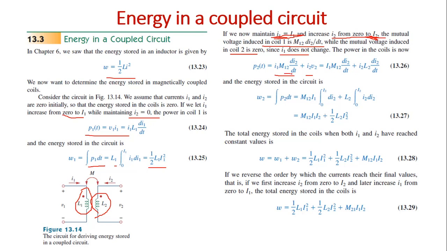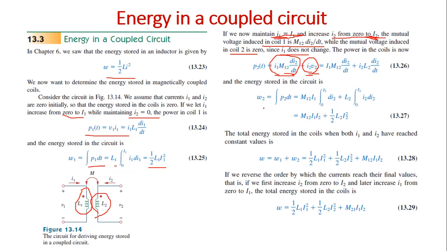So this is power in coil 1 and this is power in coil 2. The power in coil 1 is because of the mutual inductance and this is due to the self inductance. So this becomes capital I1 M12 di2 by dt plus I2 L2 di2 by dt.